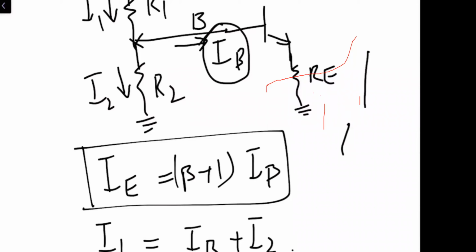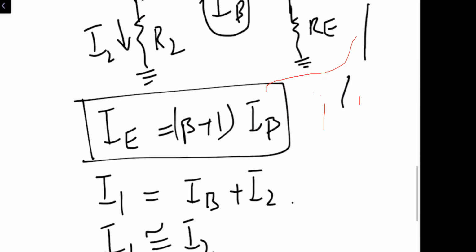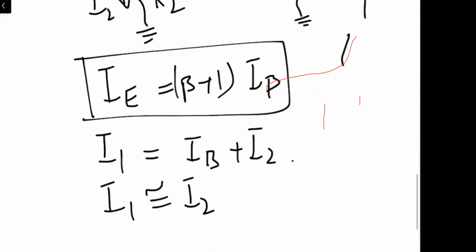Let's suppose we say I1 is equal to I2; this means the resistance offered by the emitter, if you see the base current flowing over here.